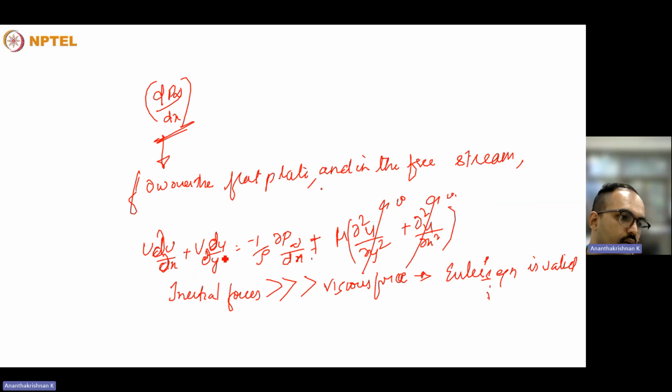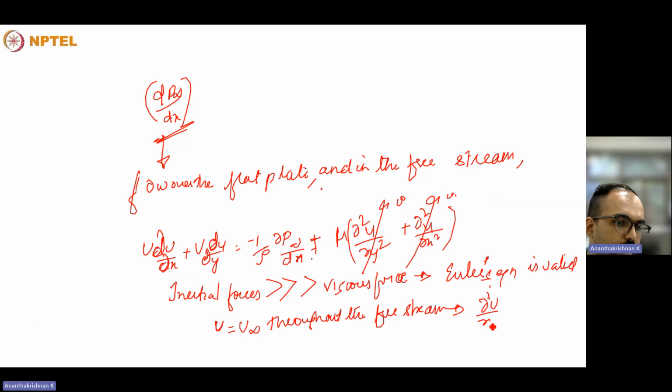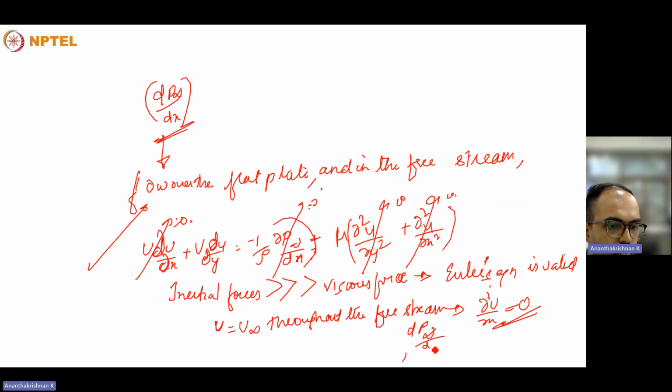So in this case, the total u will be u equal to u∞ throughout the free stream. That means that ∂u/∂X is equal to zero. So this term will be equal to zero. That means that ∂P∞/∂X is equal to zero.